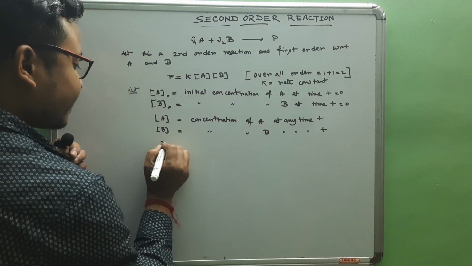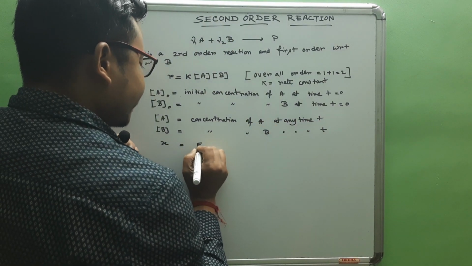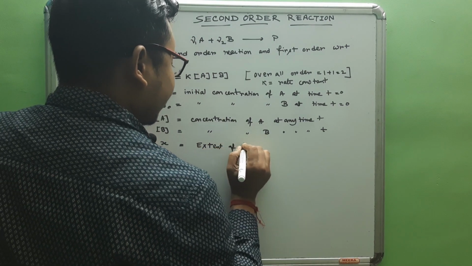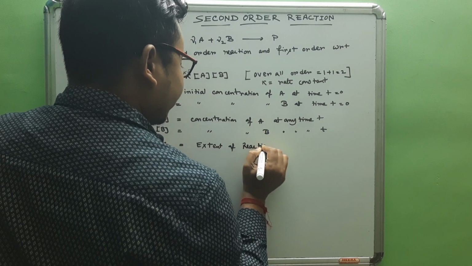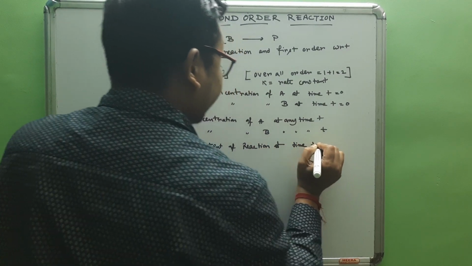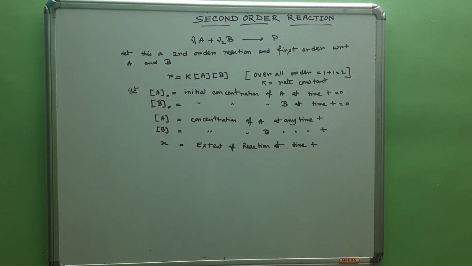And x is the extent of reaction at time t. These are the things I must explain before going through the full reduction.